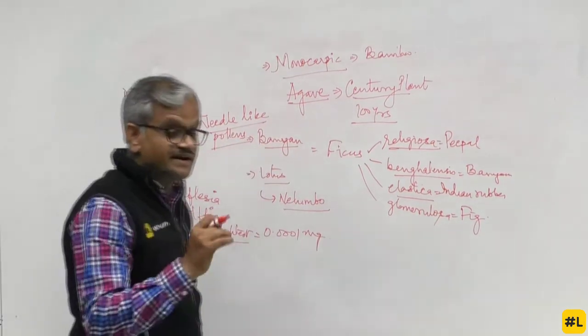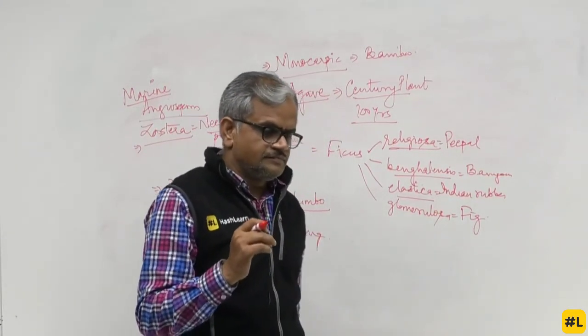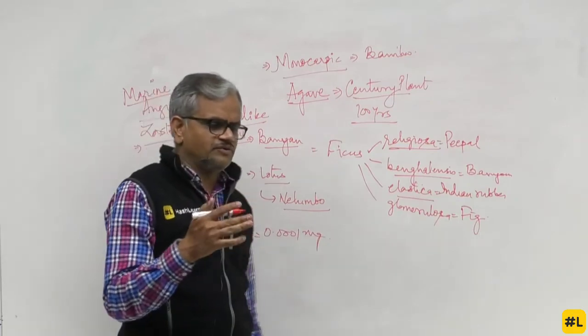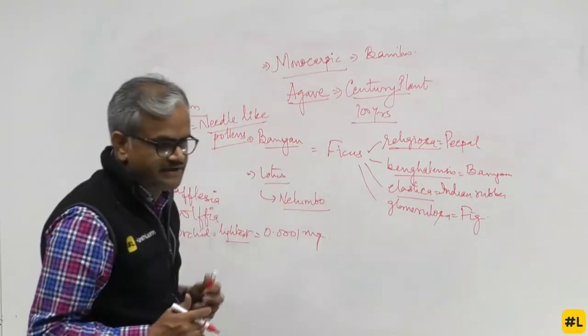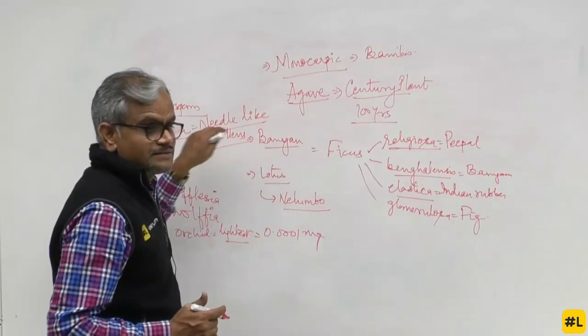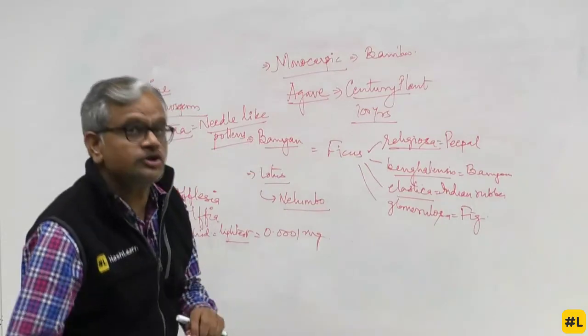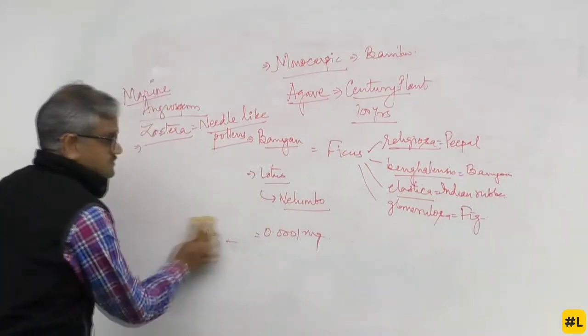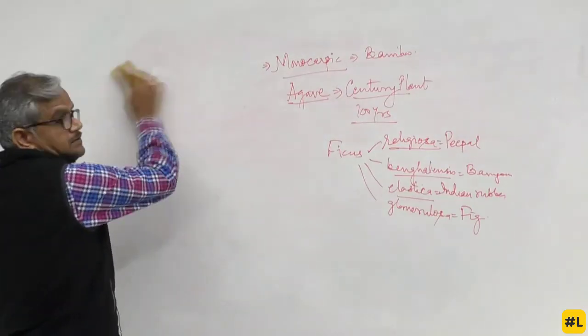Pollen grain is needle-like in Zostera. Okay, no problem. Spelling, okay, Zostera. Fine, Ganesh, very good, good effort. I know there is some delay in typing, I agree. Needle-like pollens, right?